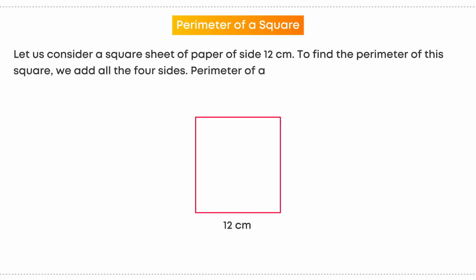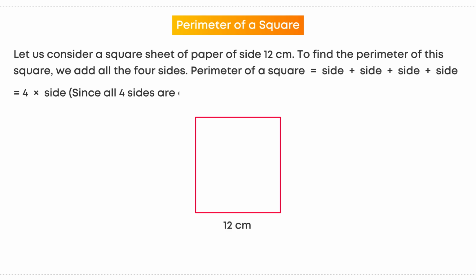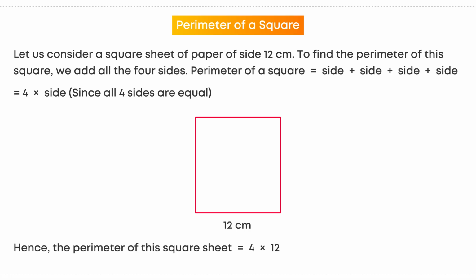Perimeter of a square is equal to side plus side plus side plus side, is equal to 4 into side, since all four sides are equal. Hence, the perimeter of this square sheet is equal to 4 into 12, is equal to 48 centimeters.